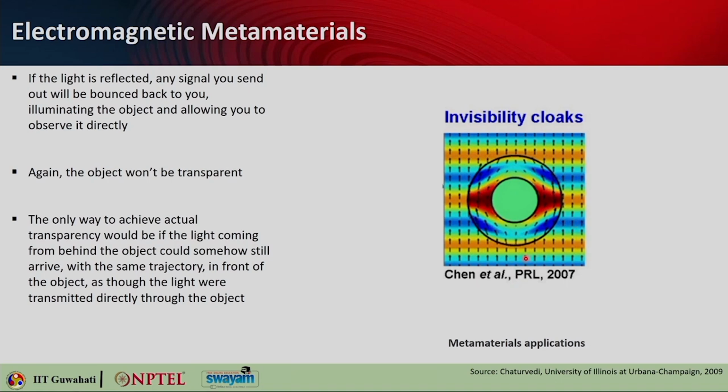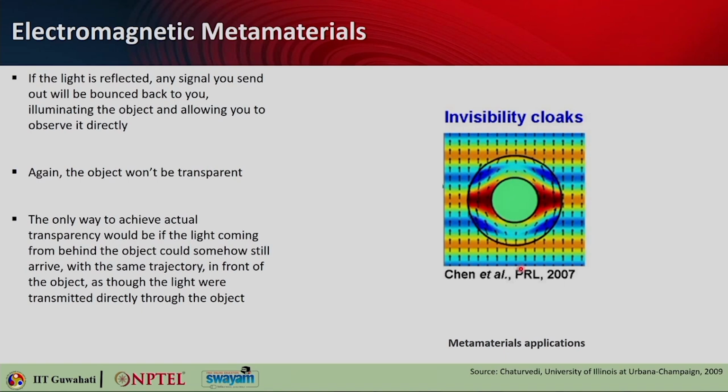So how do you make it transparent or invisible or get it away from detection? The way is to bend the electromagnetic waves around it. That is possible by covering this object with this metamaterial.